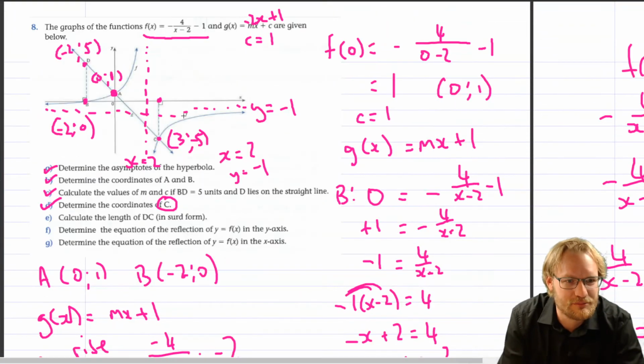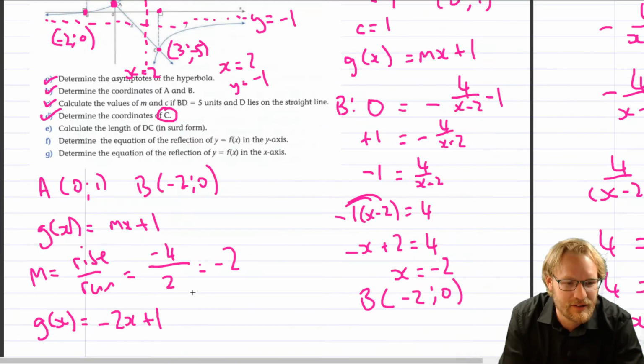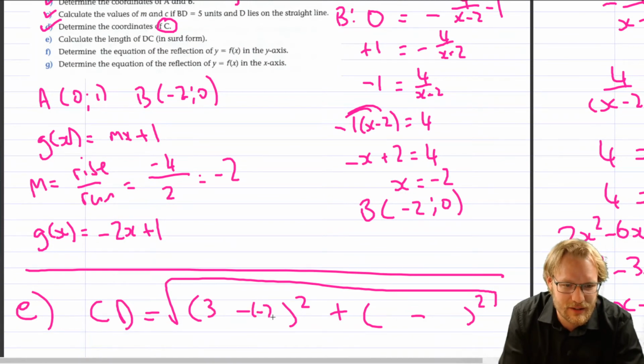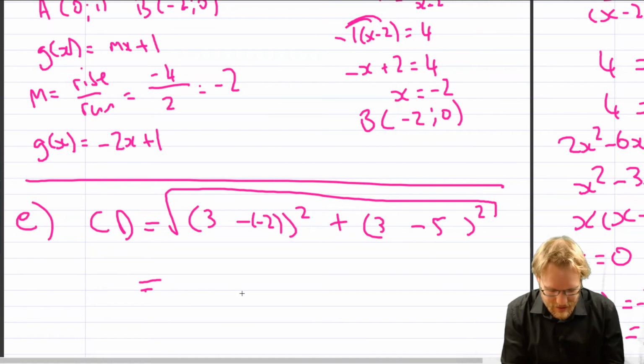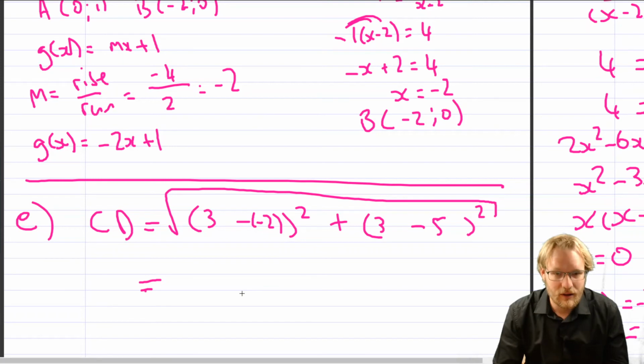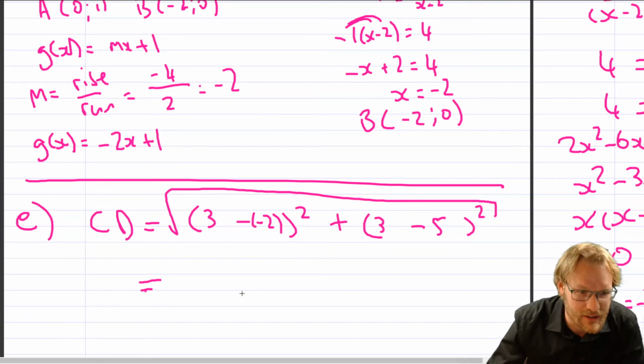Our x values, CD: 3 minus 2, 3 minus 5. In the calculator it goes square root of 3 minus 2 is 5, squared, plus 2 squared, square root 29. That was exciting.